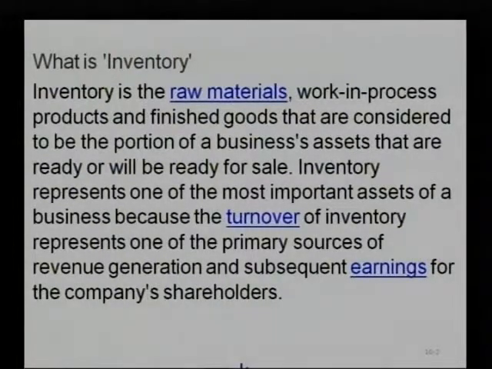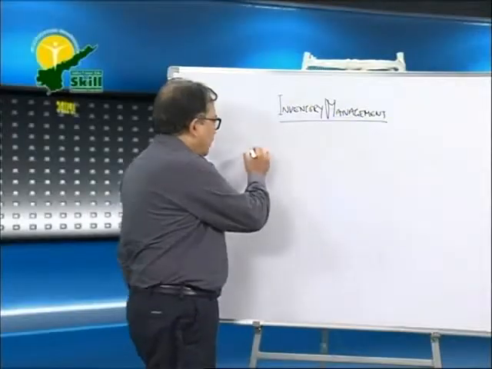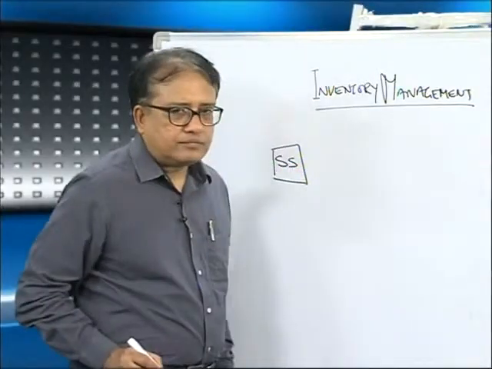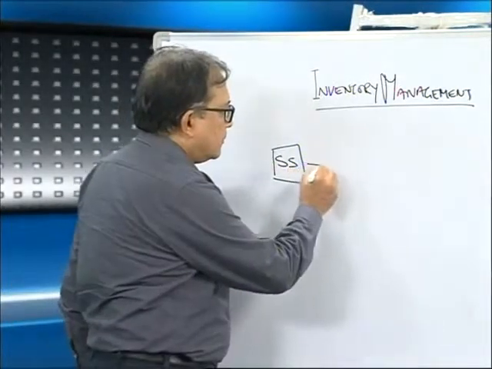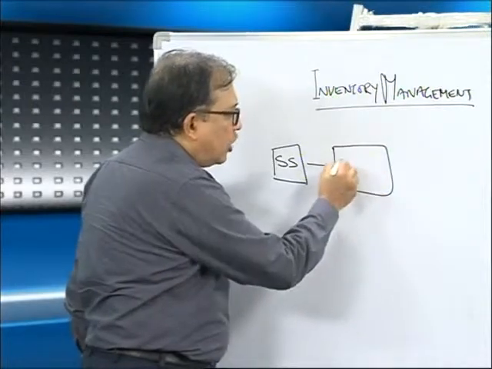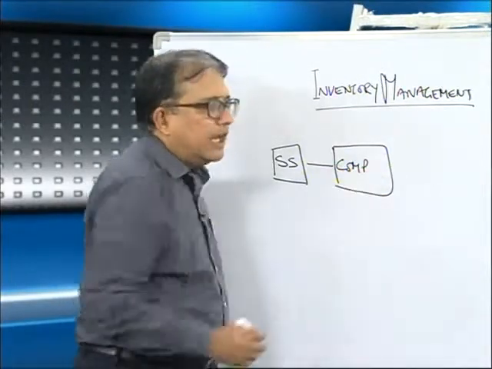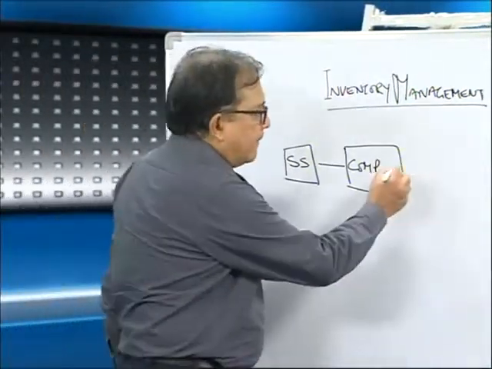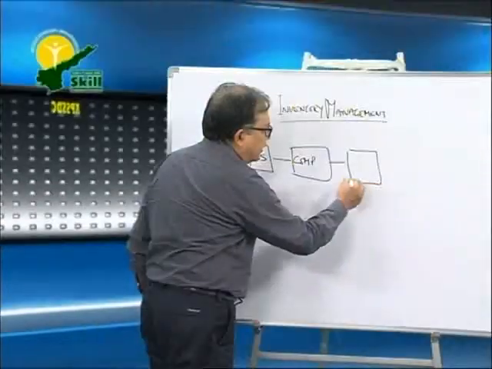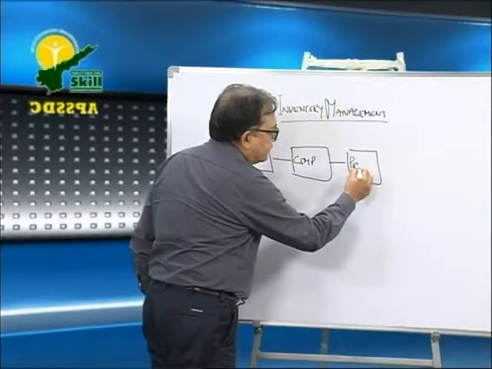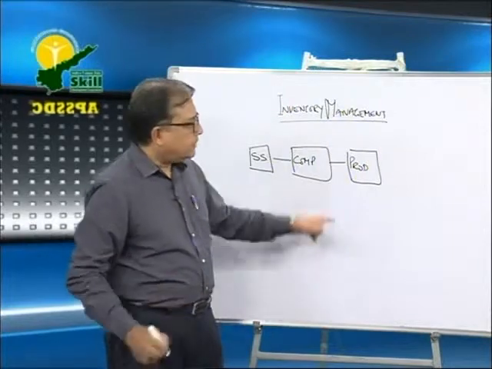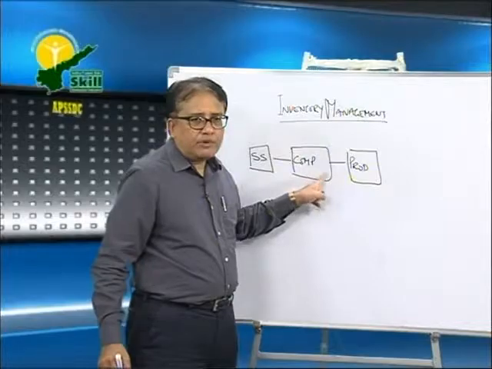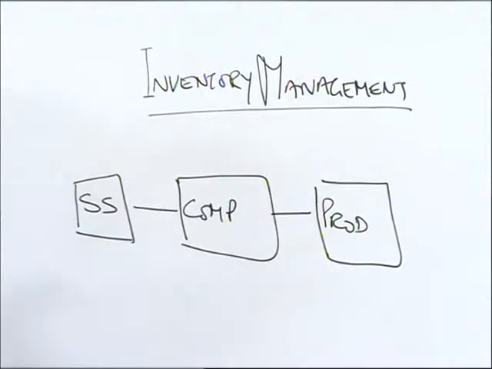So, let us see, we talk of raw materials, then we can add one additional facility or function, say components, then the product, that means the company who is producing, who is utilizing these components to make the final product.